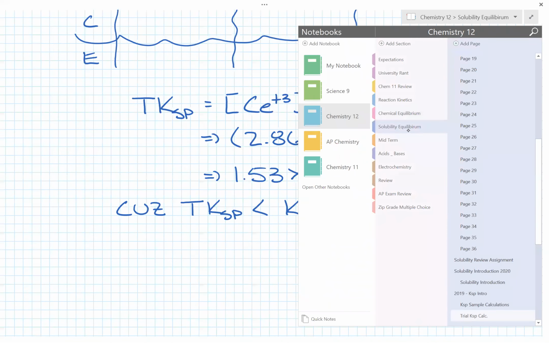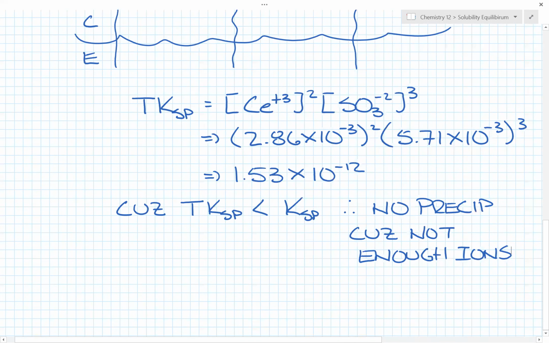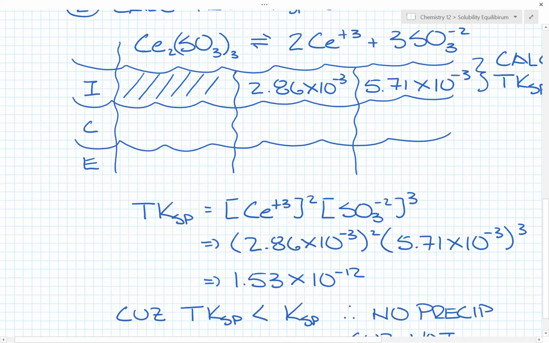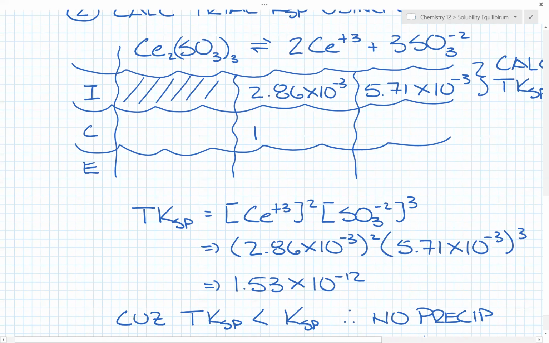Well, what that means is there's not enough ions, so there's no precipitate. So this equilibrium can shift to the right to form more products. By shifting to the right, more dissolves because you're forming more ions.